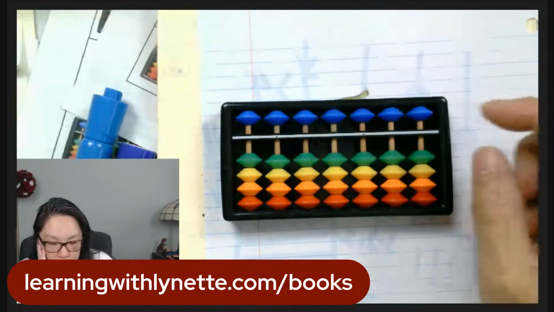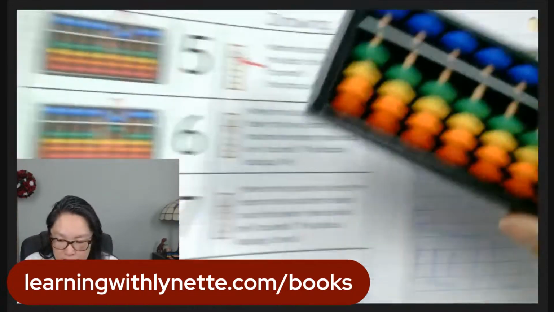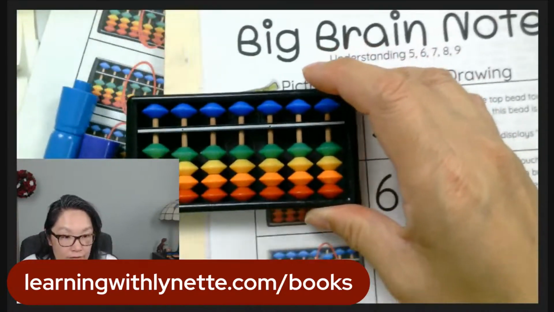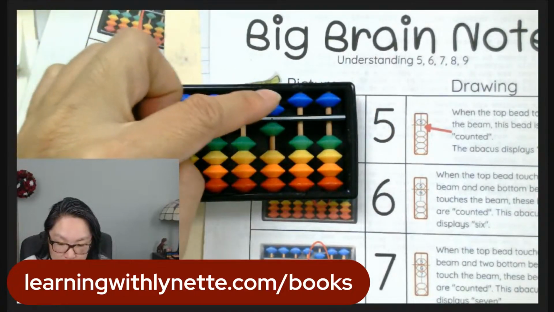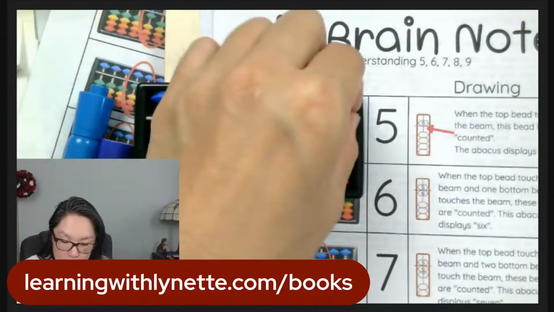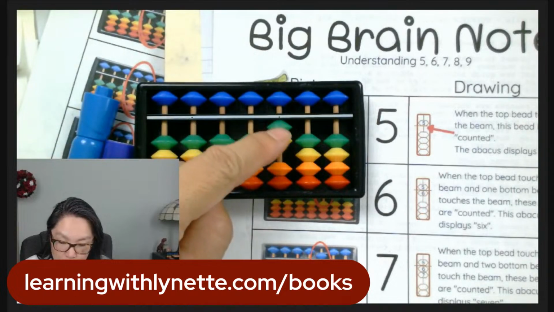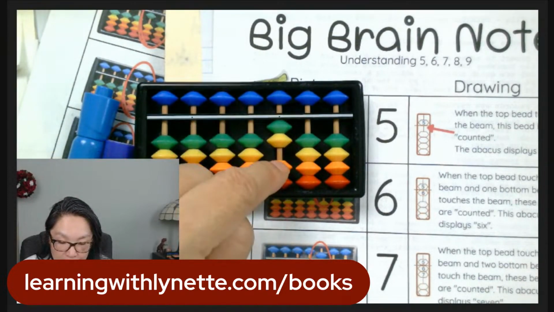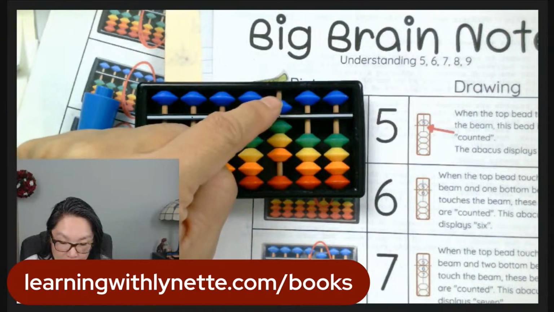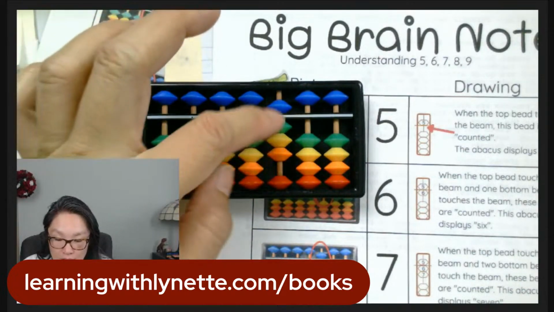So the idea is, if you notice, we have 5. So we have 5, and then we're going to do 6. When we have 6, we have 5 plus 1. And then notice we have 2. If I have 2, 1, 2, and I add the 5, now I have 7. If I have 3 and I add 5, now I have 8.